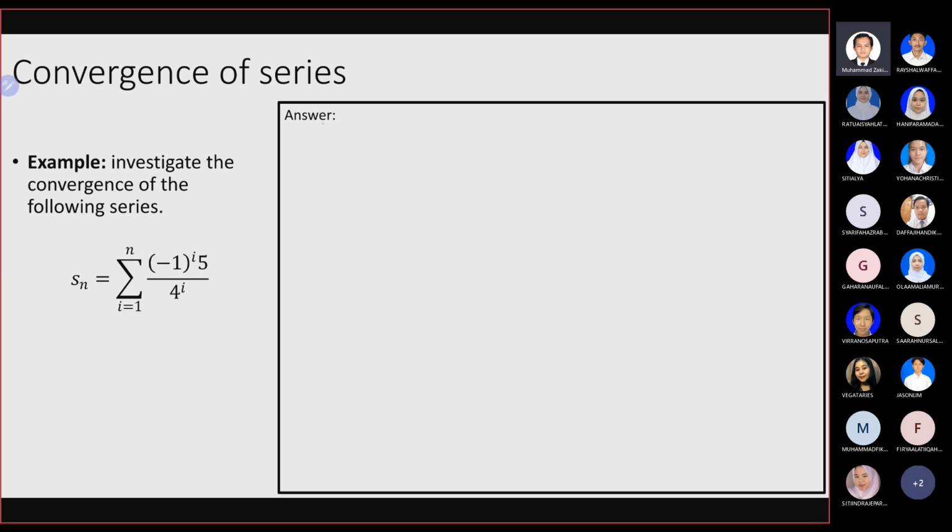If we know this series, basically Sn is equal to the sum of i from 1 to N of minus 1 power i times 5 over 4i, which in this case we have the sum of i equals 1 to N of 5 times minus 1 over 4 power i. Yeah. This is a geometric series.